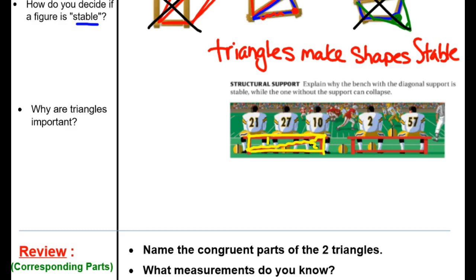But the other bench is made up of just a rectangle, no brace at all. So if these guys started to slide a little bit to the right, that would take this whole shape and start sliding this way, and those guys would end up crashing to the ground. We'd end up with one big long bench on the ground. So those two shapes are not stable at all.